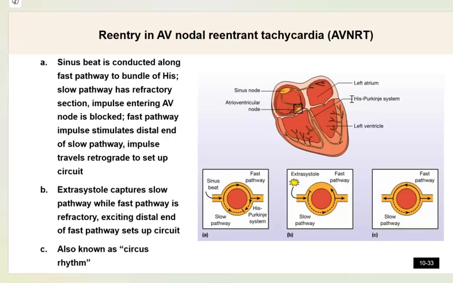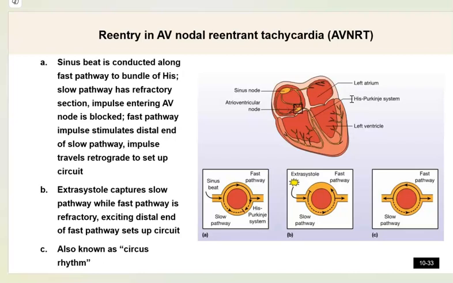So in A, here on the screen, we can see that the SA node generated impulse is propagated through the AV node via the fast pathway. That excites the distal end of the slow pathway, setting up an impulse propagated in the retrograde direction. In B, we can see an extrasystole reaching the AV node while the fast pathway is in its refractory period, and it's propagated via the slow pathway.